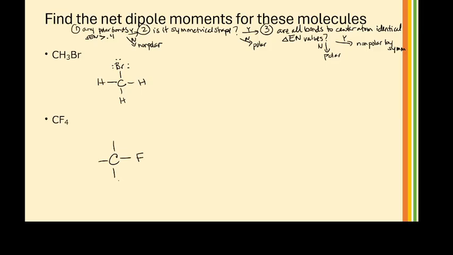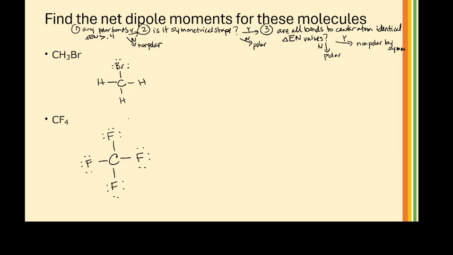CF4: 4 times 7 is 28, plus 4 is 32. 2, 4, 6, 8, 10, 12, 14, 16, 28, 32. Yes, this is a good structure.